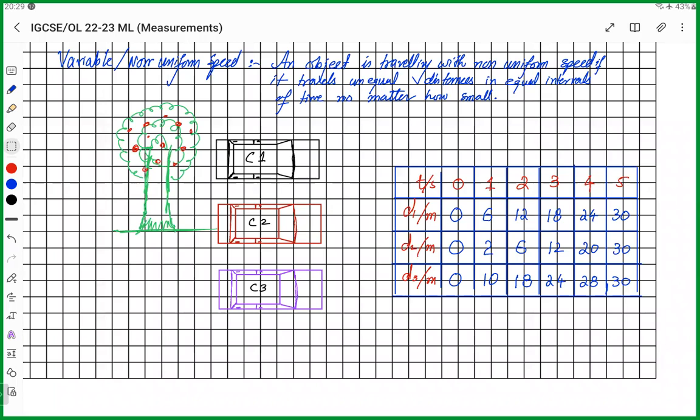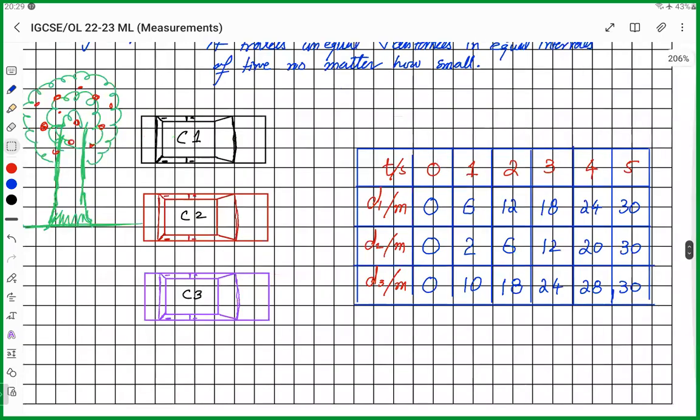Yes, very rightly so. Which car is traveling with an increasing speed? Car two. And what made you say that? The first time it increased 2 meters, then 4 meters, then 6 meters, then 8, and then 10. Oh, so you see that it travels more distance in every next second. That's why it is traveling with an increasing speed.